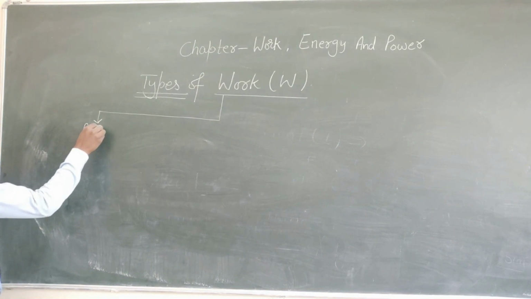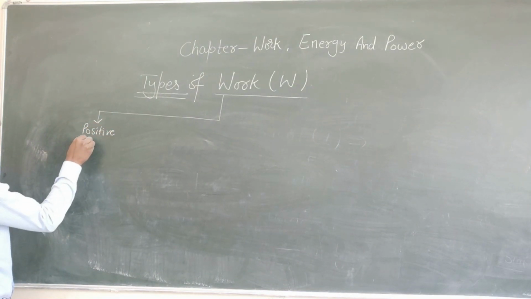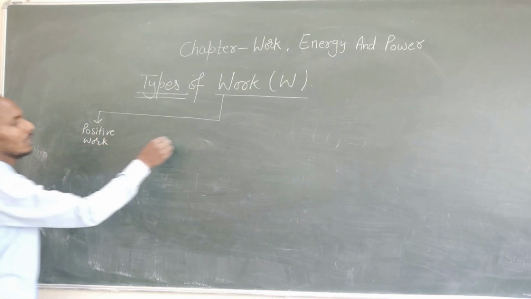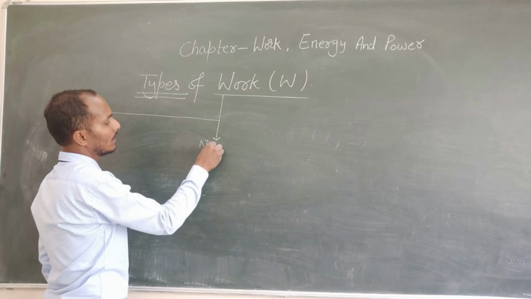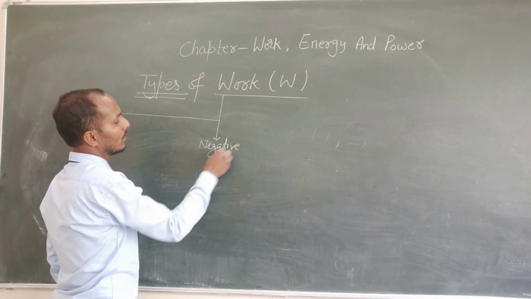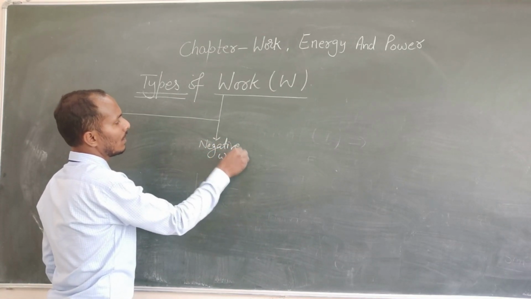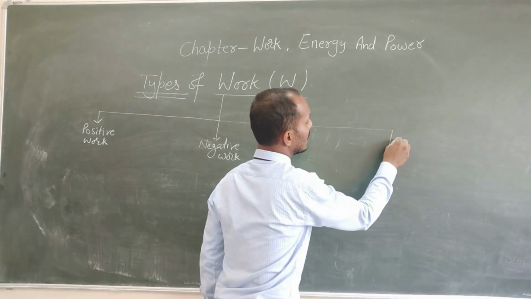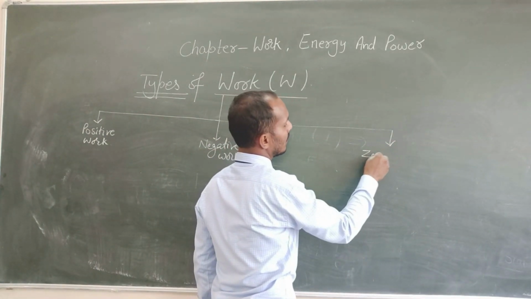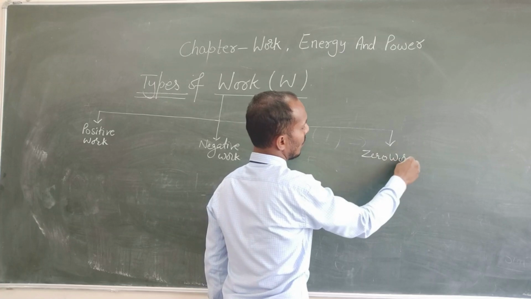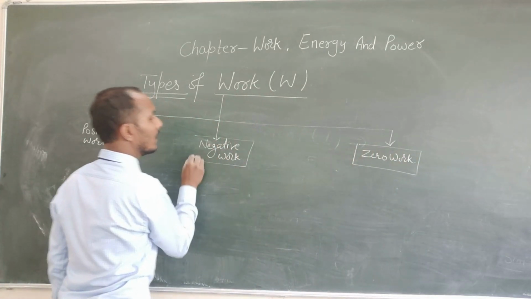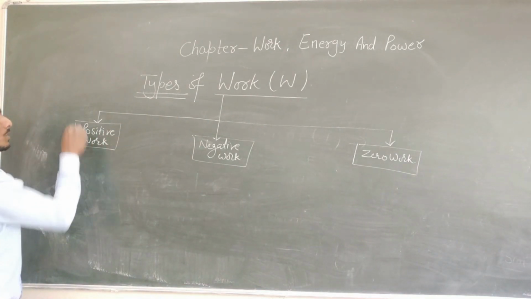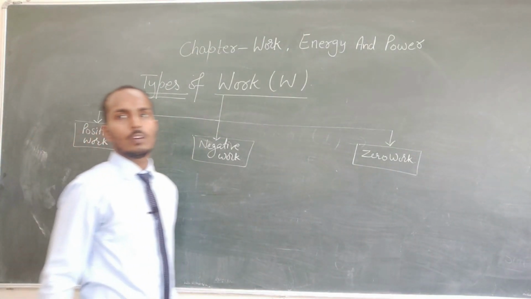Number 1 is positive work, number 2 is negative work, and number 3 is zero work. Okay, positive work, negative work and zero work.